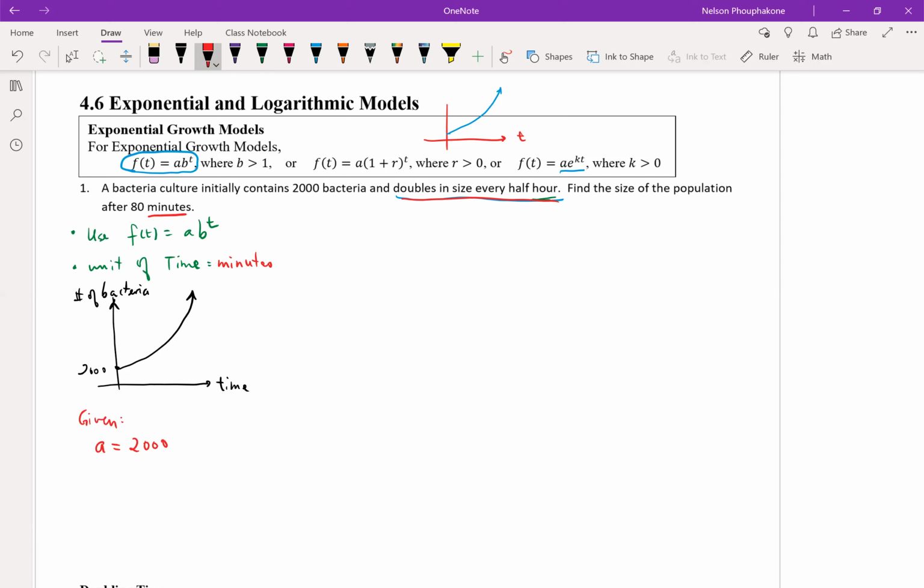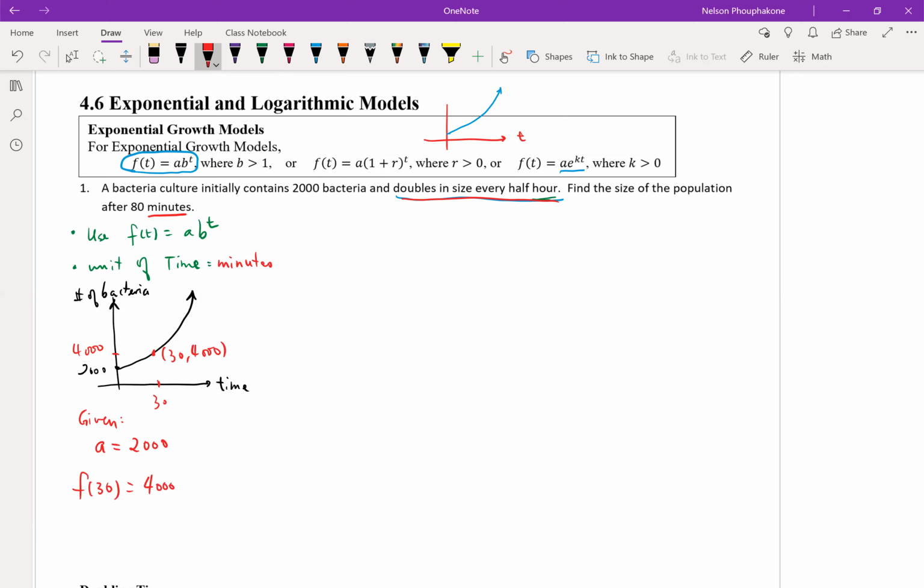If my initial value is 2,000, then after 30 minutes, what is my output? It's 4,000. So I have another ordered pair from the statement. Writing this in function notation, I have f of 30 is equal to 4,000.